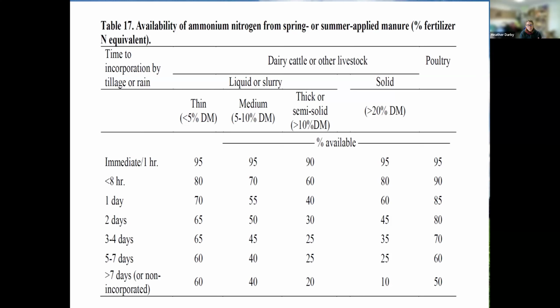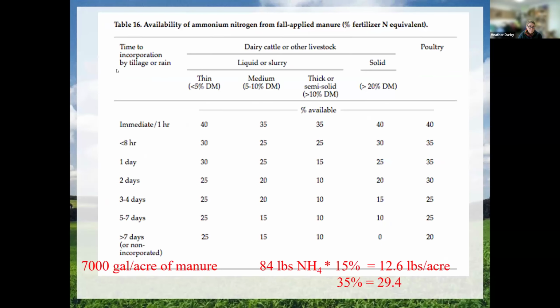Of course, this could be lost in the soil too, but we're only estimating volatilization at this point. Once the time to incorporation starts to grow, you can see the losses become very significant. And if you're on a hay field and you're not incorporating, you can lose a significant amount of that urea nitrogen, or you will lose.